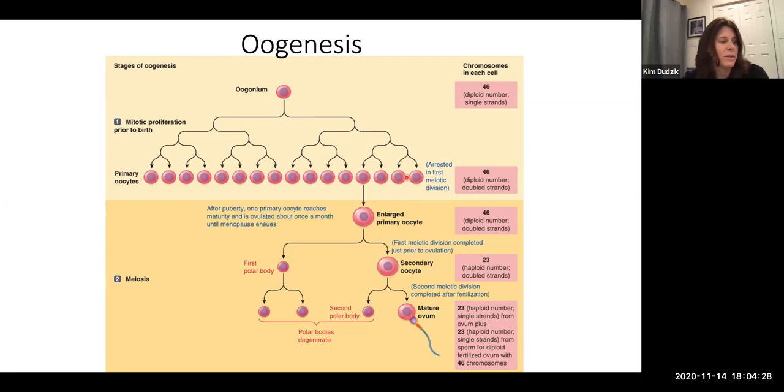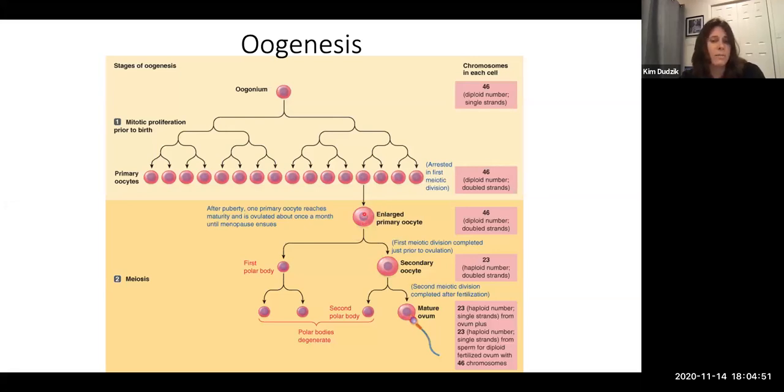Then during part of fetal life, early steps of meiotic division occur, but it doesn't complete. Many of these cells will start to go into prophase 1, the first step in meiosis 1, but it's going to be arrested. It won't continue until puberty hits.